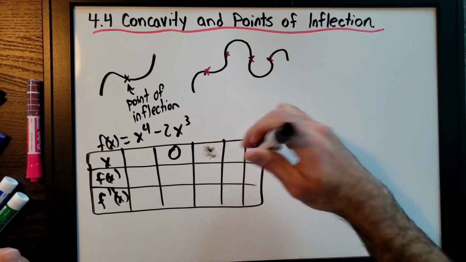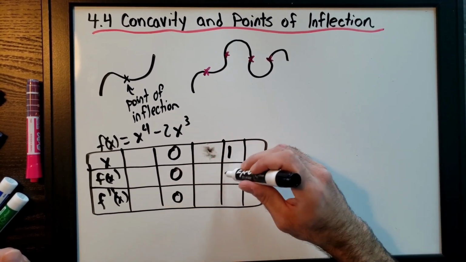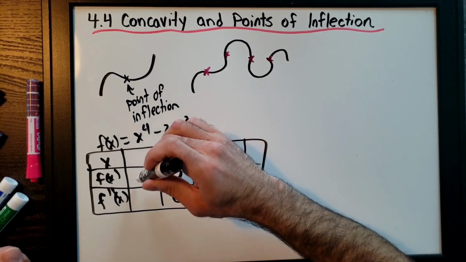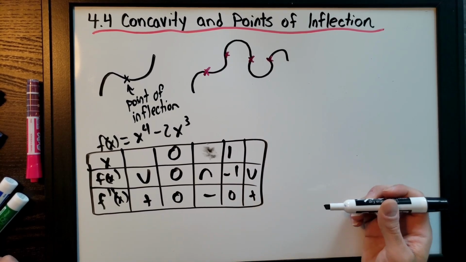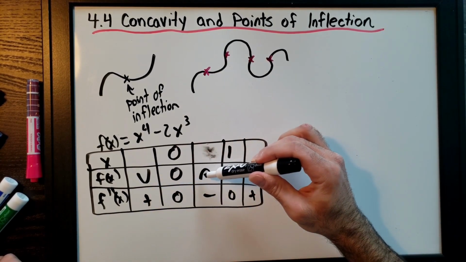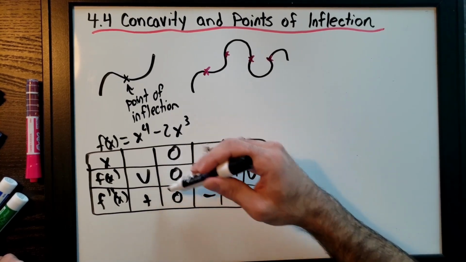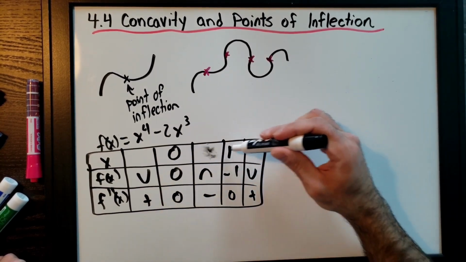Sorry, the 1 goes here. Okay, so we determined that this is 0, this is 0, this is -1, this is 0, and then we found the concavity. This is from just the previous example. But now we're going to link it to points of inflection. So here we have concave up, here we have concave down. Therefore, 0, 0 is an inflection point. 1 and -1 is an inflection point.